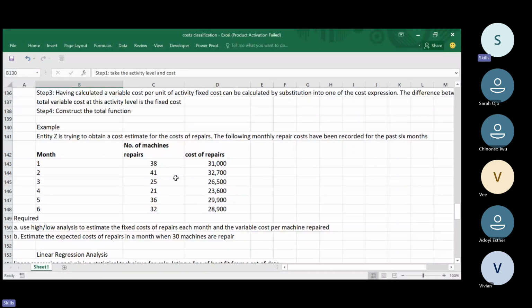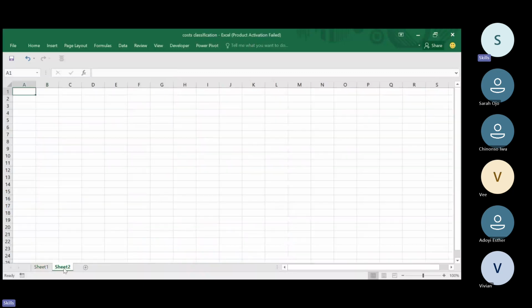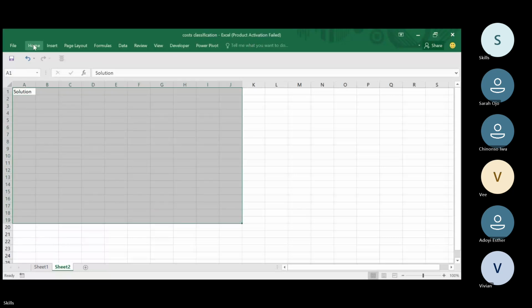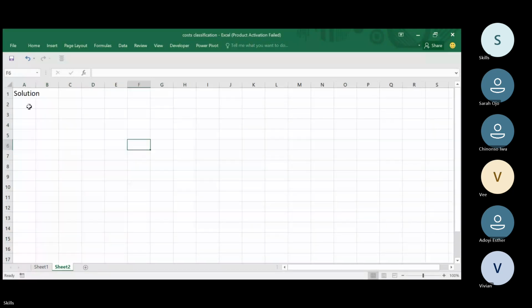So 41 is the highest. Now, we are going to pick 41. Let me open where we will do the calculation. This is another sheet where we will carry out the calculation. So we are taking the highest, the unit is 41.